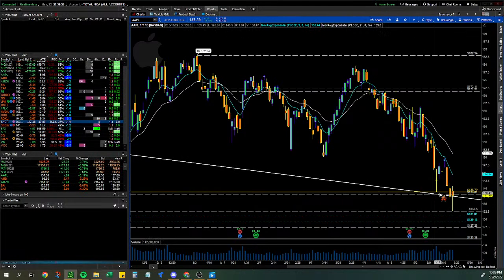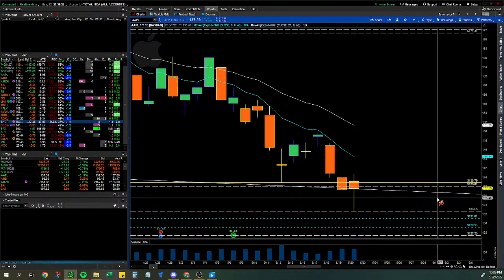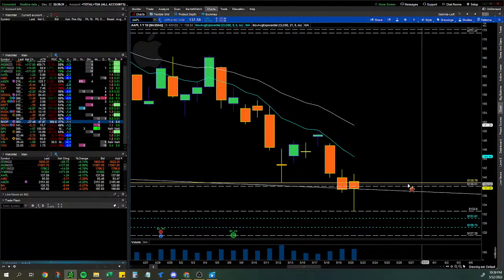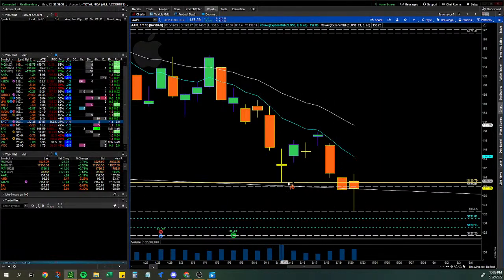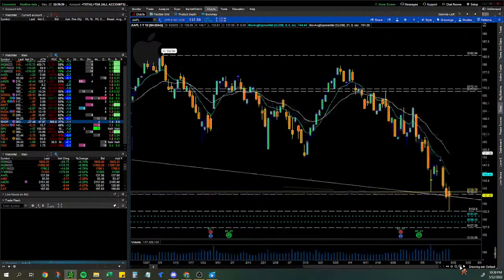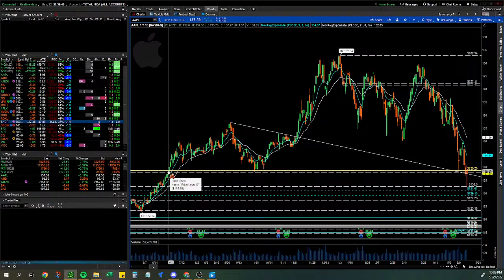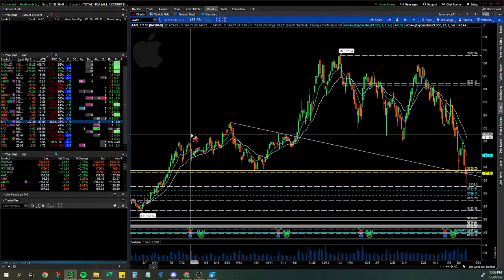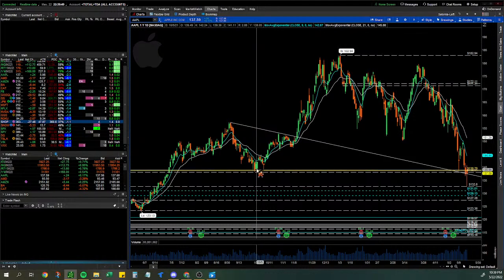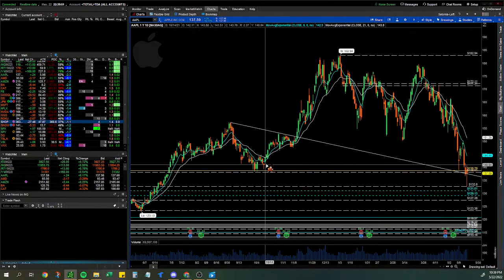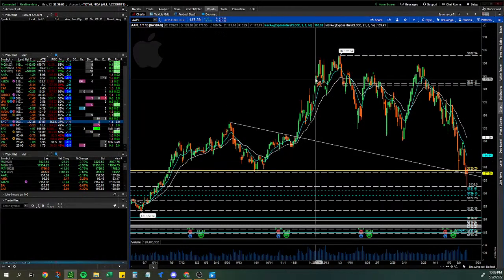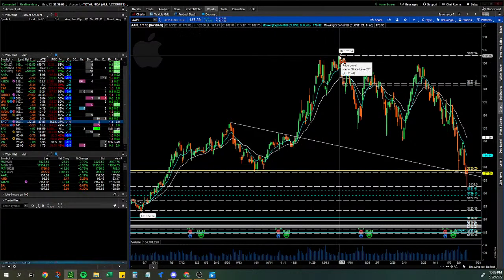This zone, which if we zoom in, this 138 used to be a previous all-time high. I left it in yellow to let me know that used to be a previous all-time high. So we have gone so far this year, basically right here is where this used to be a high that we broke through, came back and held, and then took off soaring to new all-time highs.